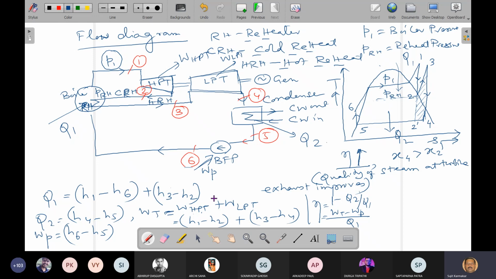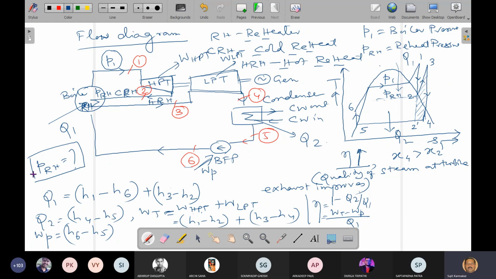Here one point is very crucial. What is the reheat pressure generally? Symmetric mean of P1 and the condenser pressure?